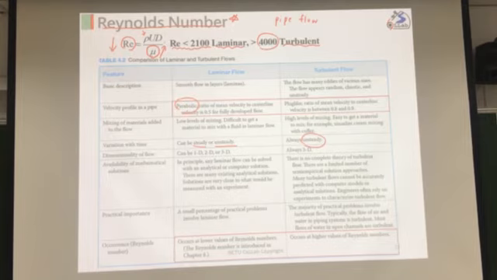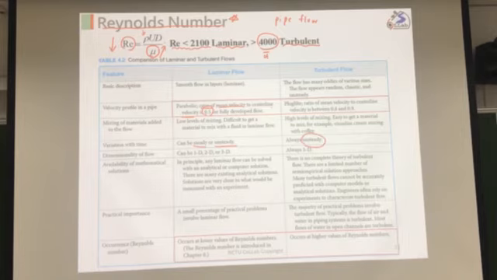Then here I show the ratios. The ratio of the mean velocity to the center line velocity is usually 0.5. The mean velocity is U bar, right? And what is the center line velocity?